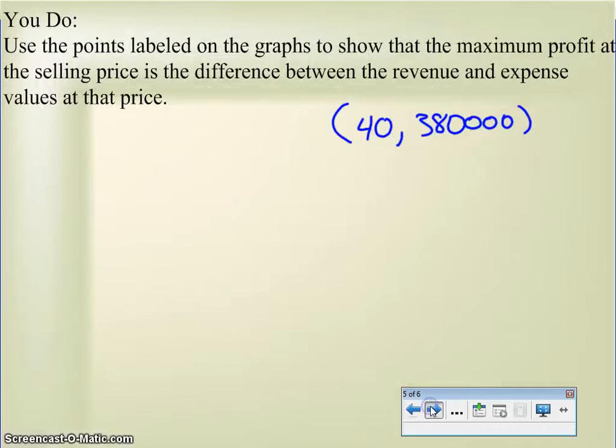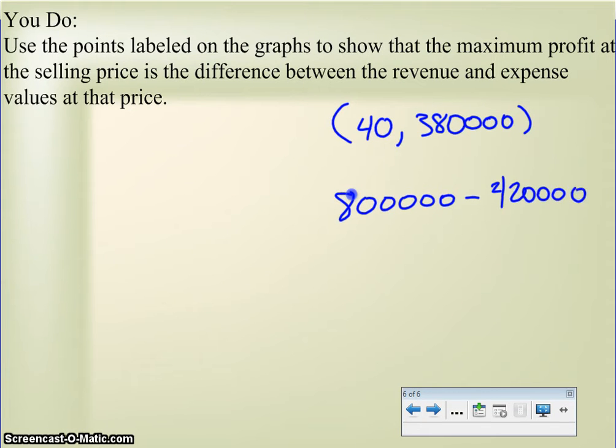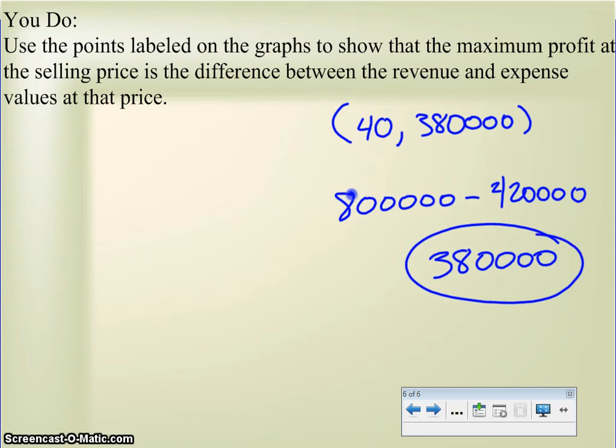So we're able to take again that 800,000, subtract the 420,000, so that we get our overall profit, which is what this is asking for. So we're almost kind of redoing what we just did in the original question, and I kind of jumped ahead a little bit. So 800,000 is the revenue, 420,000 is the cost or the expense to run this business. The difference is pure profit, and that's the $380,000.